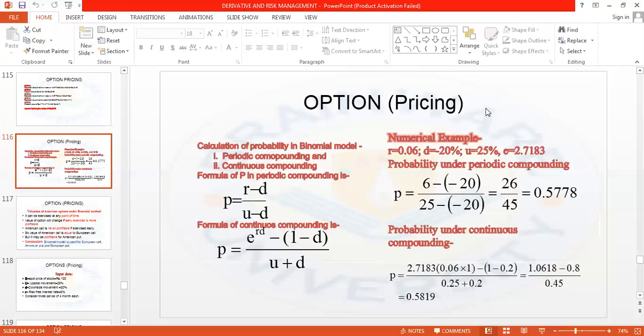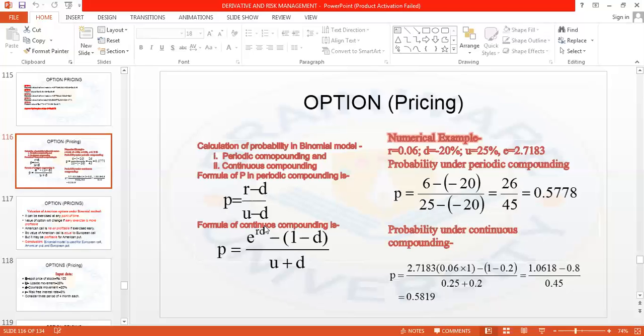interest rate. But in practice, what we are doing today, we are not considering the risk-free rate that is given in the problem. Rather, we are substituting it by continuously compounded risk-free rate.